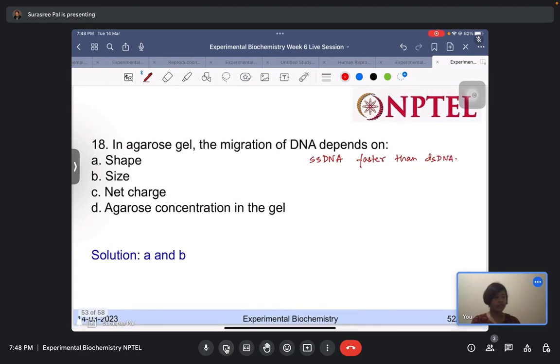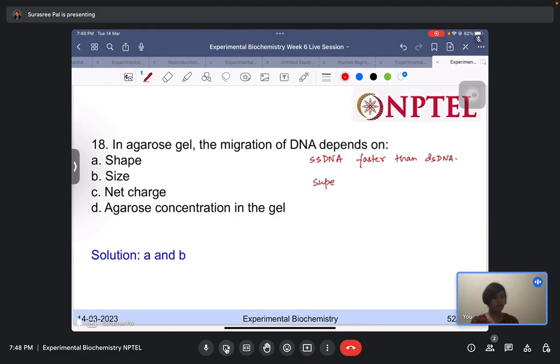Suppose it is a linear DNA and it is a supercoiled DNA. So plasmid DNA, with which we usually work, we clone in a plasmid DNA. So these kind of plasmid DNAs are always present in supercoiled form. So if the plasmid DNA is circular, it exists in a supercoiled form.